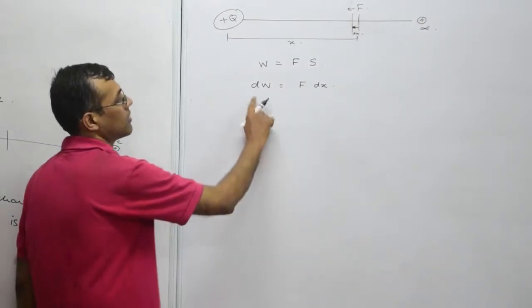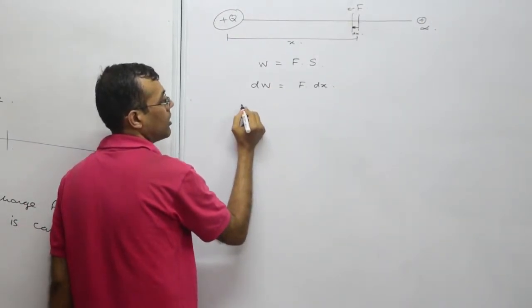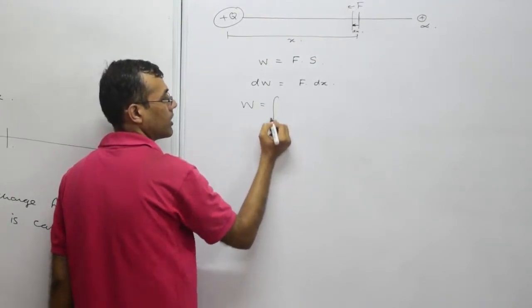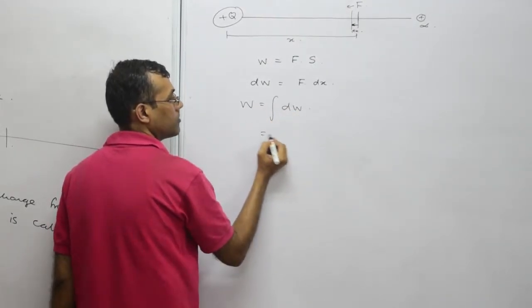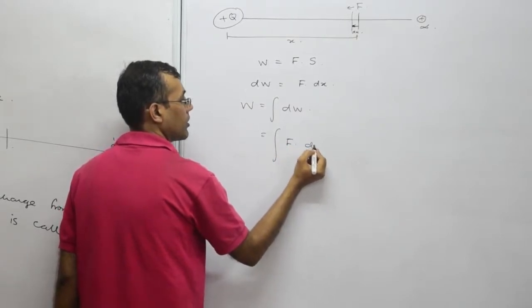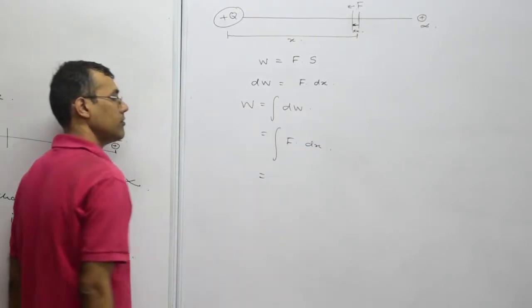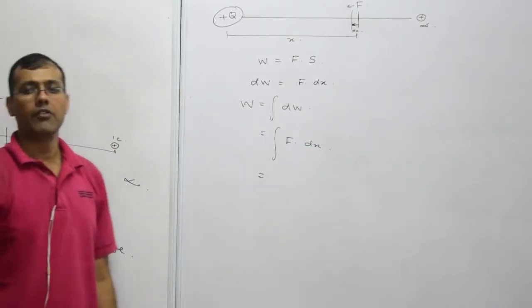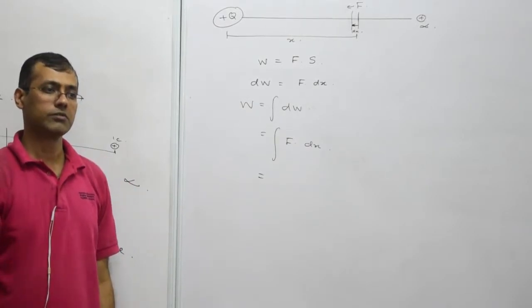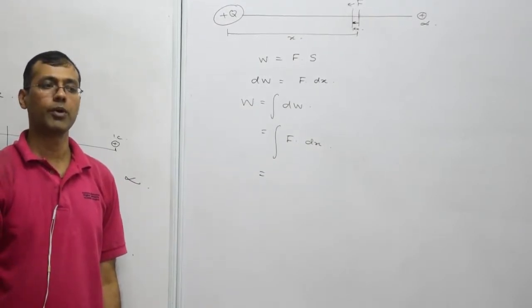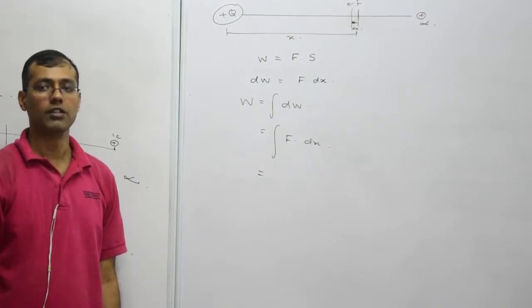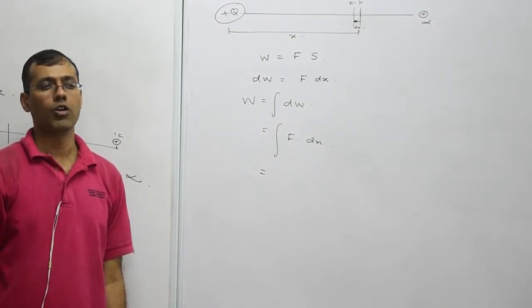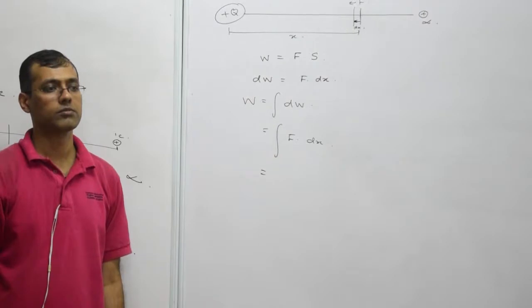If you understand this, after this it's easy. So if I want the total work, what should I do? Integral of dw, integral of F dot dx. But F, is it constant or is it changing? It's changing with respect to distance. So what is the formula which connects force and distance?